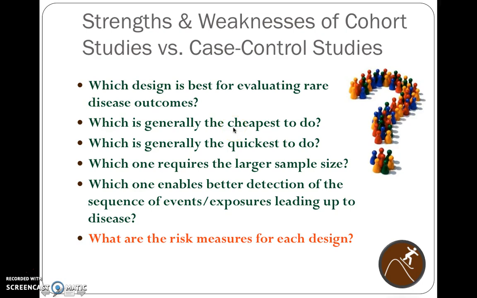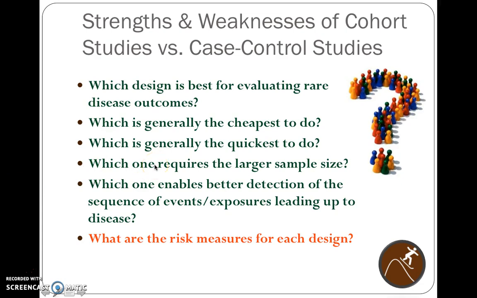The most expensive to do would be the cohort studies. The quickest to do, if you've got the data already available, an ecologic study would be the quickest to do. If those aren't available, next quickest would usually be a cross-sectional study, but if it's a rare disease, that's pretty worthless because you're not going to get enough people.